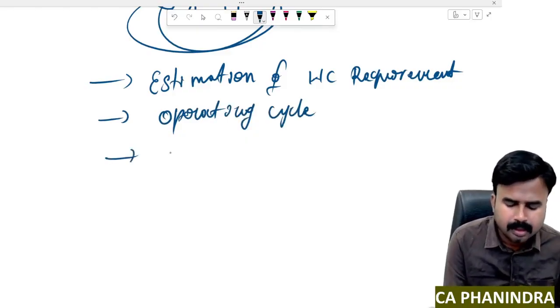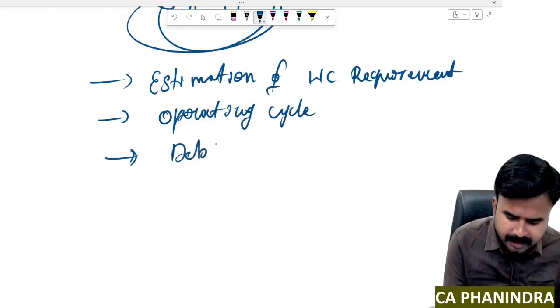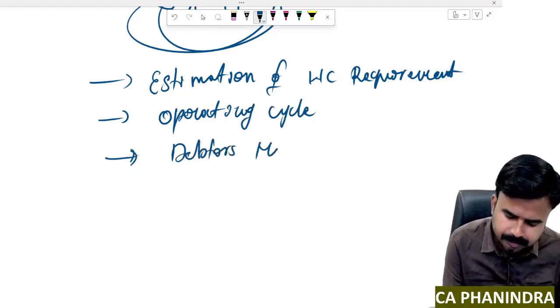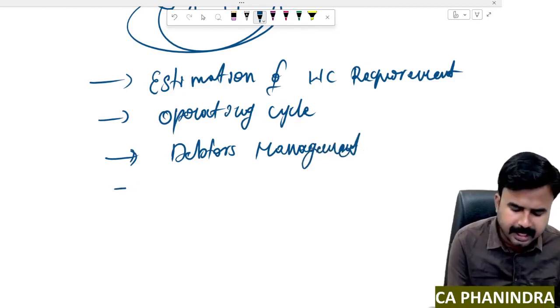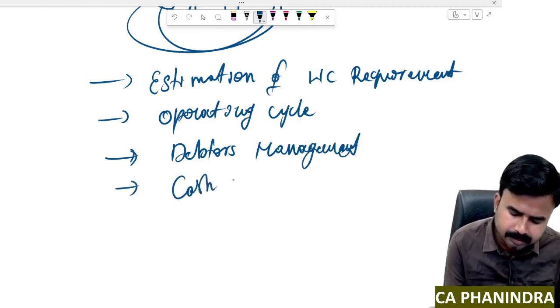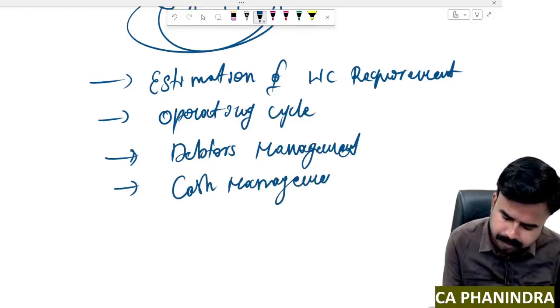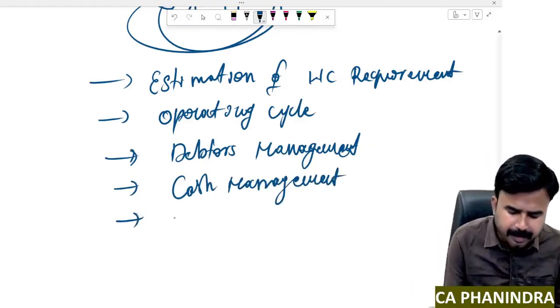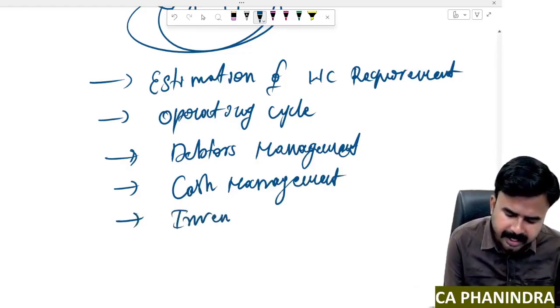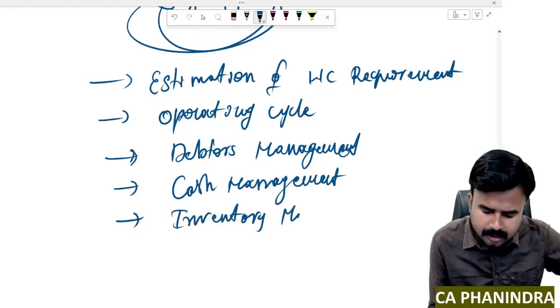Next one, debtors management. Cash management. Inventory management, nothing but the materials chapter in your subject costing or cost accounting.